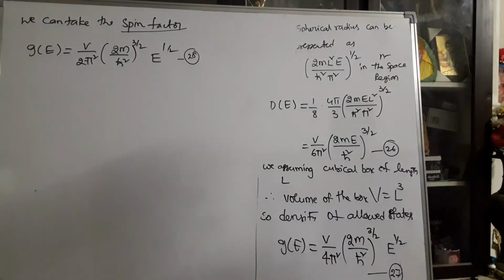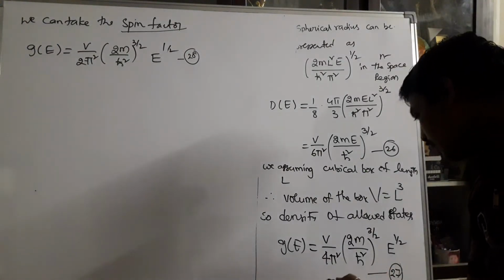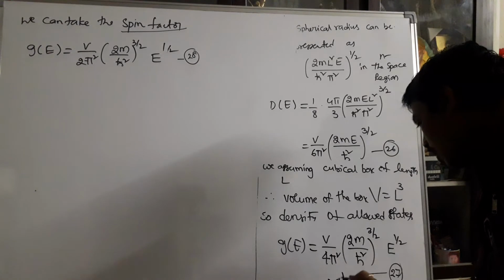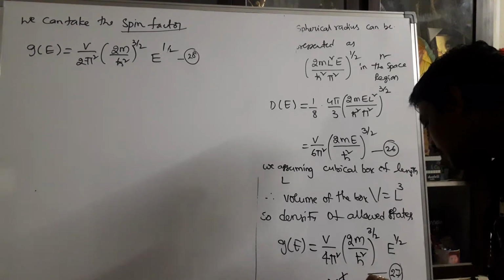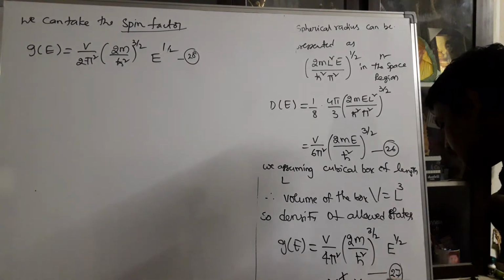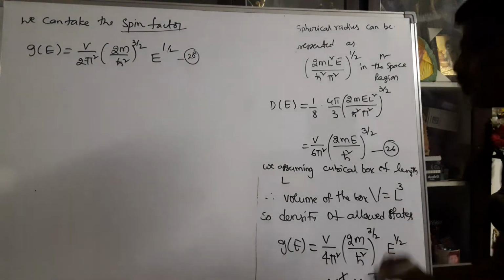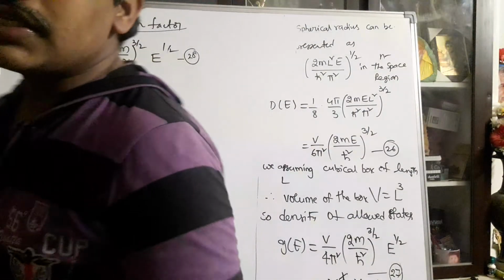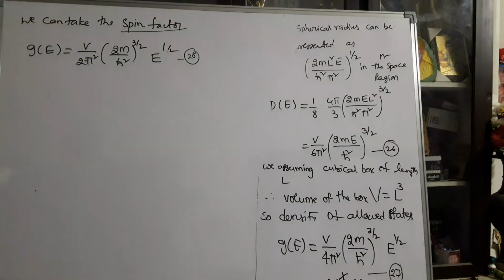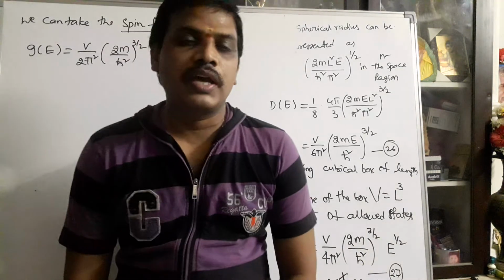Equation number 29 is without taking the spin factor. So these two equations represent the density of allowed regions. The two values indicate the density of allowed regions.